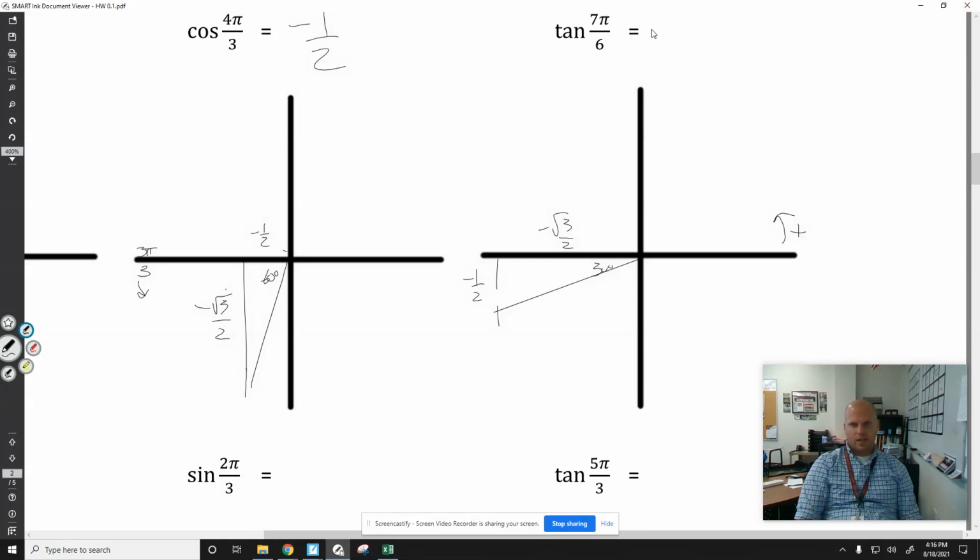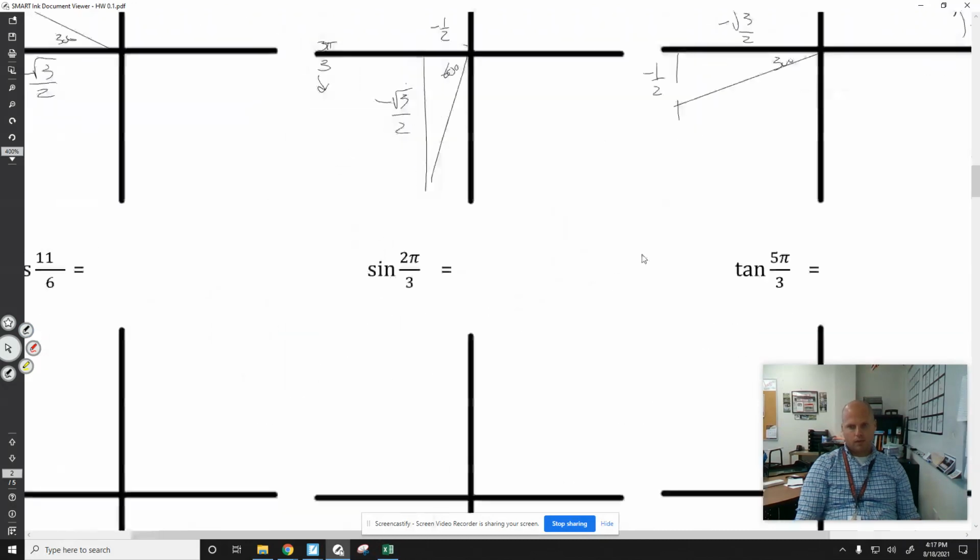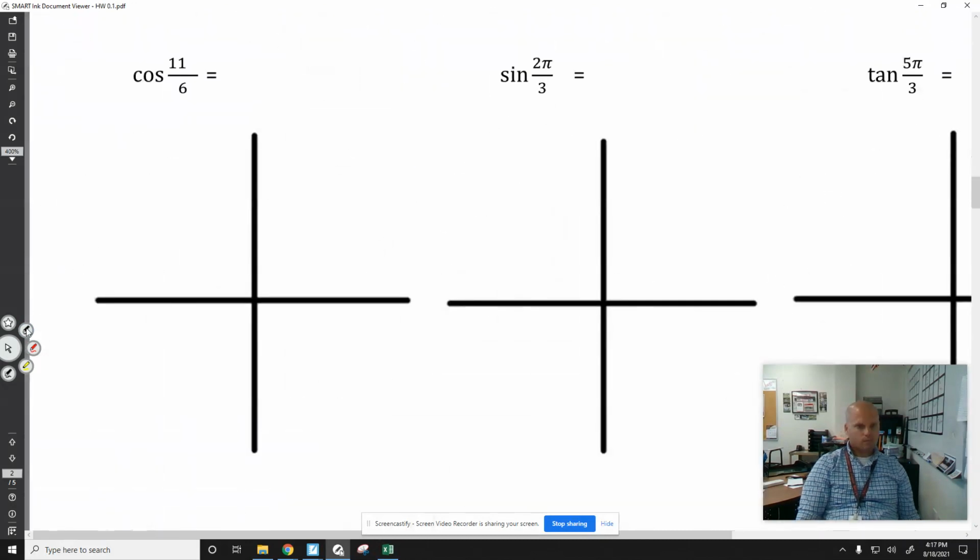So it's going to be negative 1/2 divided by negative root 3 over 2. Negative divided by negative is a positive. Maybe you remember that. It's 1/2 times 2 over root 3. And again, I'll show you this is the same as 1 over root 3, which is the same as root 3 over 3. Root 3 times root 3 is root 9, which is just 3.